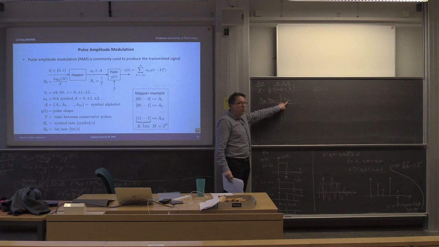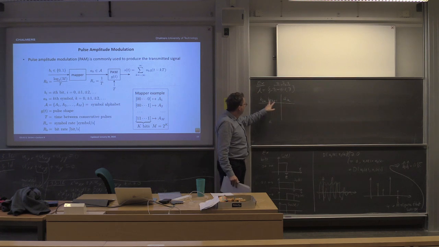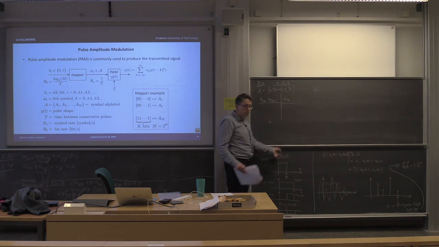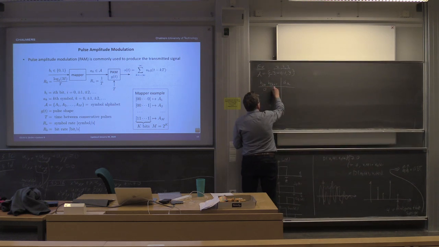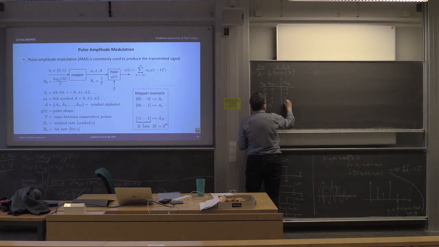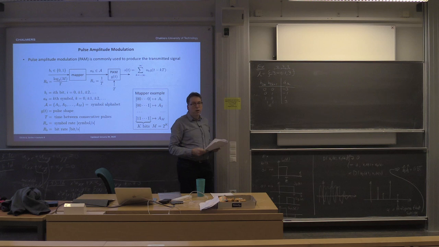So the kth symbol needs 2 bits, right? And to find the 2 bits in the sequence of bits, we take an even bit and an odd bit. 2 consecutive even and odd bits produce one output symbol. Okay. And the mapping is simply like this. For instance, 0,0 gives us -3, say, 0,1 gives -1, 1,0 gives 1, and 1,1 gives 3. Okay. This is not a particularly good mapping. We could do better, and that will be obvious a little bit later. But let's just do this for an example.